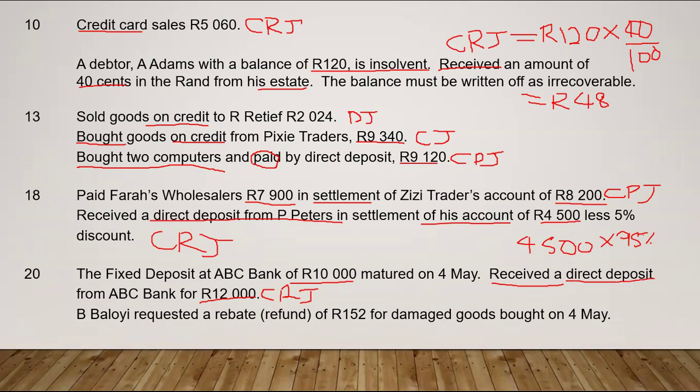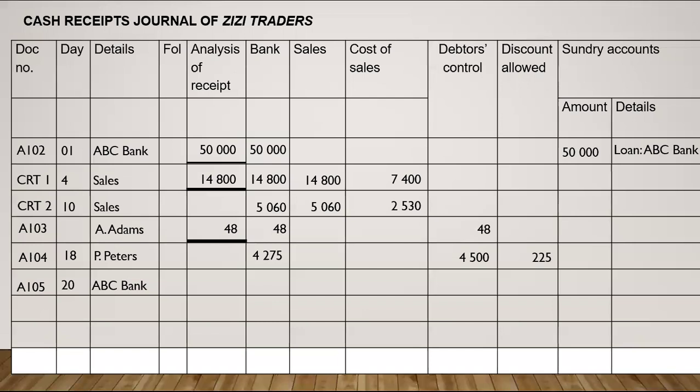So the fact that it's a direct deposit, what does that mean? It means that it will not be recorded under analysis of receipts. Awesome. Instead, it will be recorded under bank.